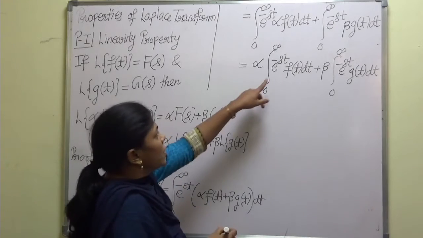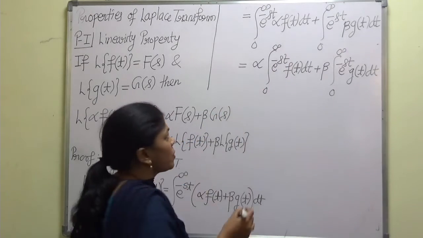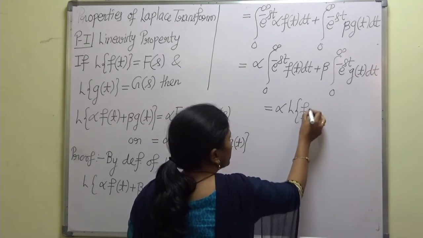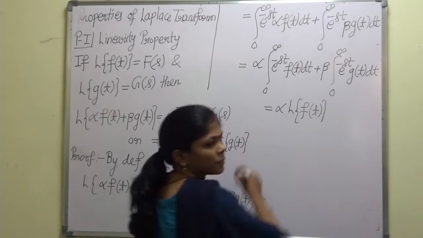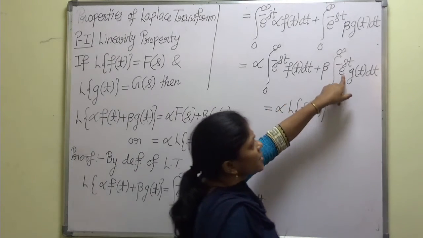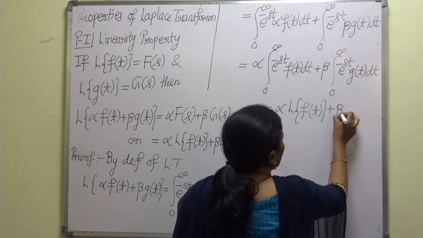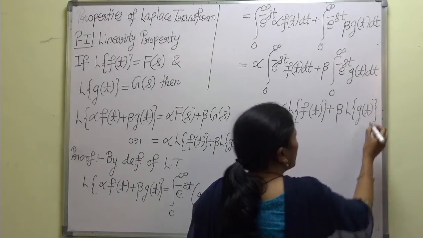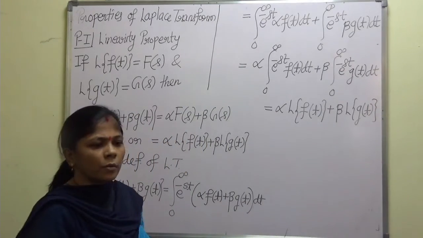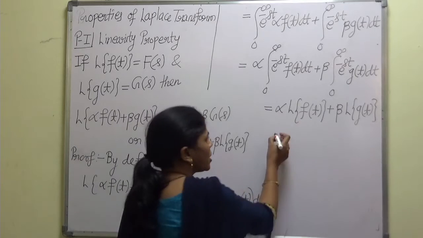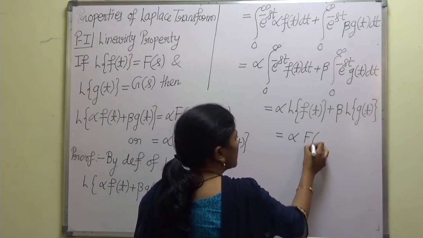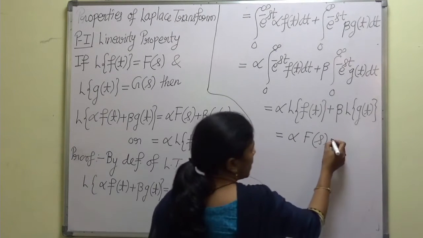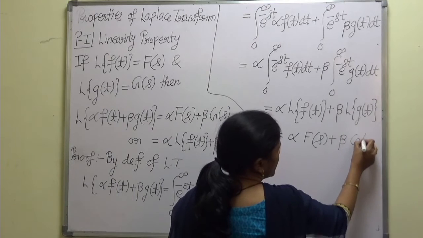Okay, now look at this according to definition. What this is? This is nothing but Laplace of f of t, right? And in the same line, this is nothing but Laplace of g of t. Right? But according to the notation, Laplace of f of t is nothing but f of s, and this is g of s.